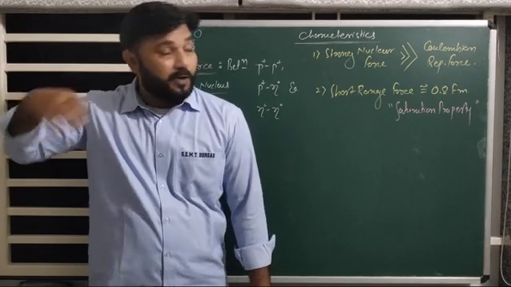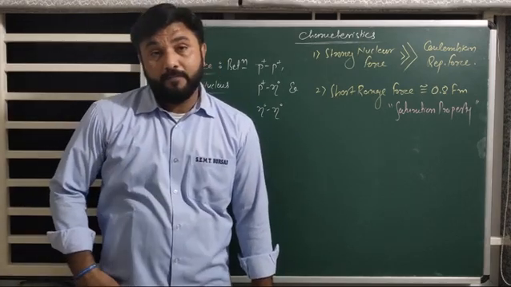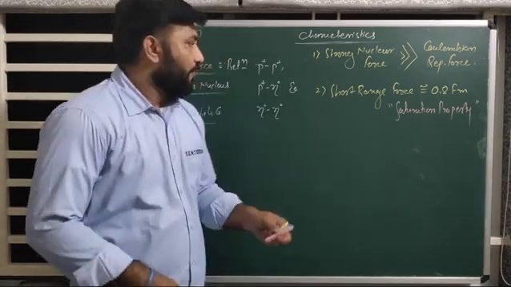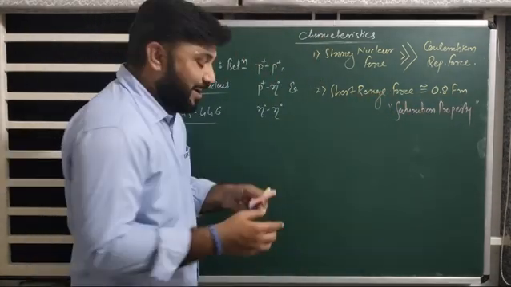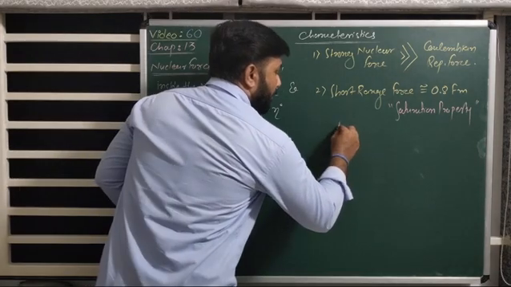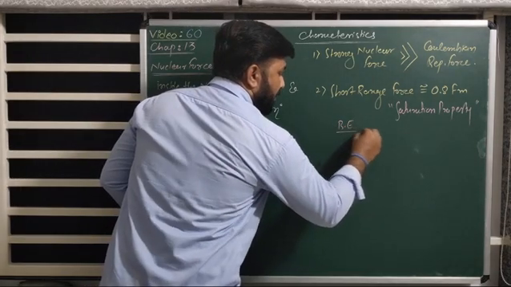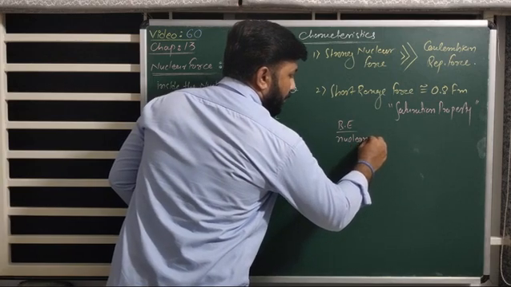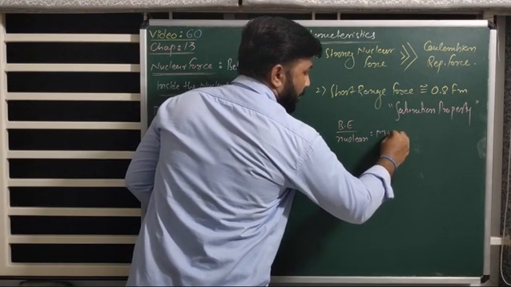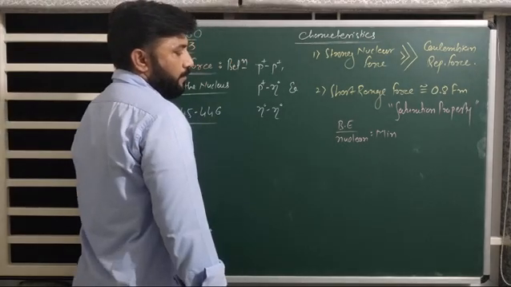0.8 FM. If it is 0.8 FM, at that time binding energy per nucleon is minimum. Clear?